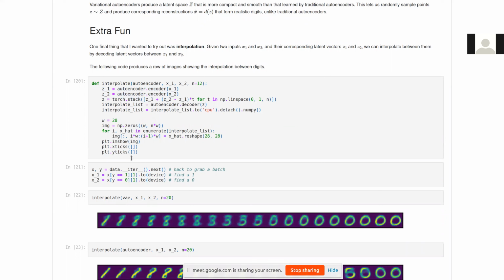So here n is 20, so we have interpolated 20 different sets between these z1 and z2. z1 is the latent embedding for a class 1 example, z2 is the latent embedding for a class 0 example. And once we have these sets, we give them to the decoder, visualize the reconstructed images and plot them.